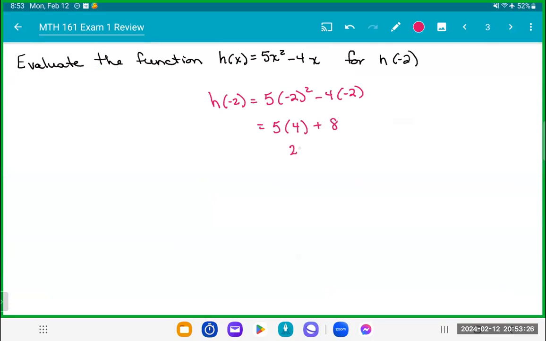So this is 20 plus 8, which is 28. Then I would just ask that you circle or box your answer, so I don't have to dig around for it. Okay. Question.